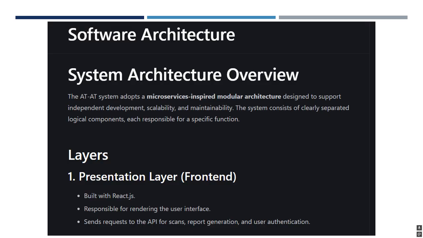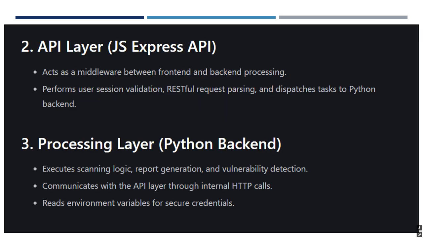The presentation layer is built with React.js, responsible for rendering the user interface, and sends requests to the APIs for scan, report generation, and user authentication. The API layer acts as a middleware between the front end and back-end processing, performs user session validation, RESTful request parsing, and dispatches tasks to the Python backend.